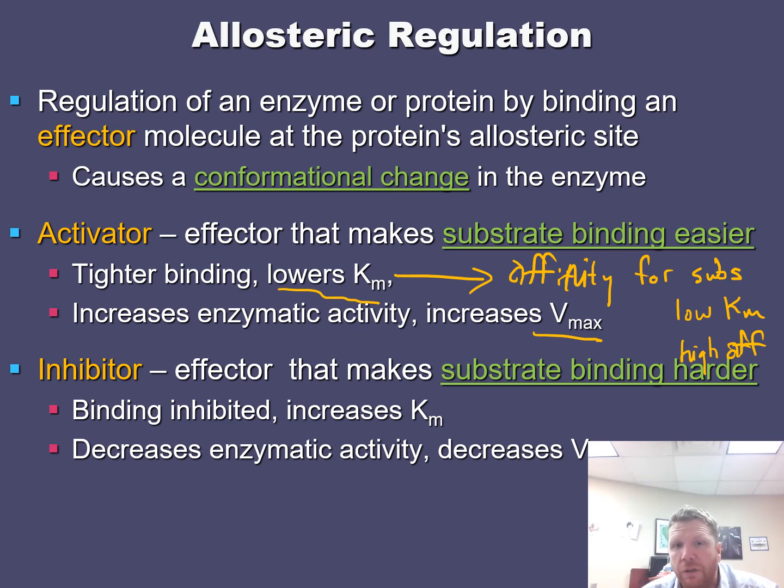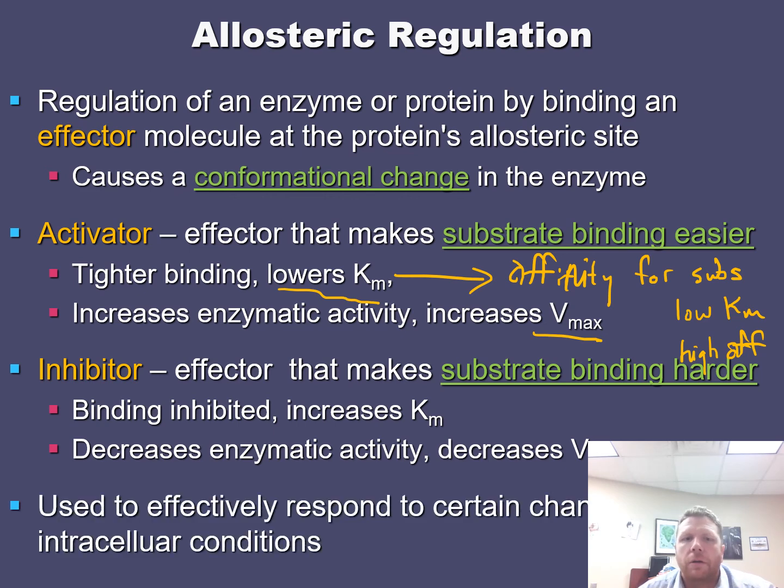It's going to increase the Km, so it decreases the enzyme's affinity for its natural substrate, making substrate binding harder. It's also going to decrease the Vmax, so it slows the enzyme's reaction down. And these are going to be able to respond to certain intracellular conditions within the cell.